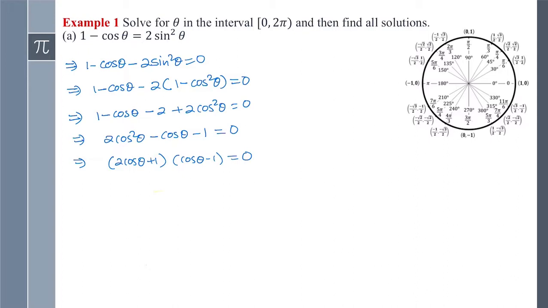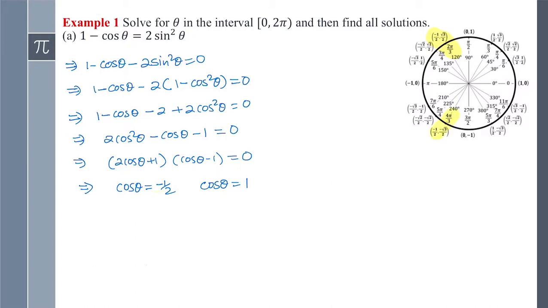Now from the first one, if we take 2 cosine theta plus 1 equals 0 and solve for cosine theta, we get cosine theta equals negative 1/2. And from the second one, if we solve for cosine theta, we get cosine theta equals 1. We know that cosine theta is negative 1/2 at 2 pi over 3 and 4 pi over 3.